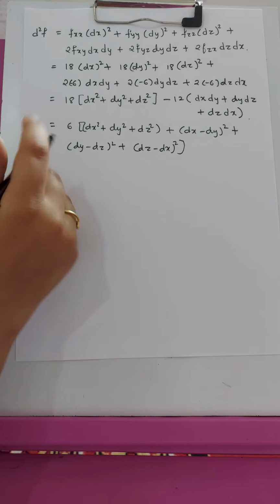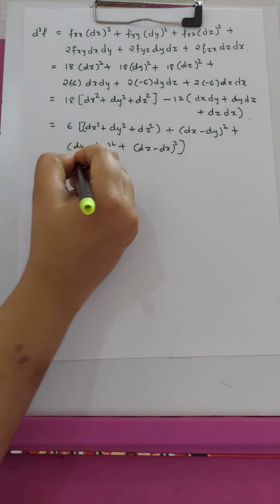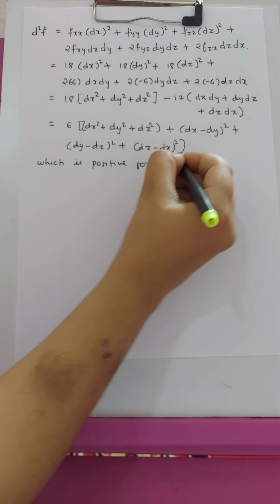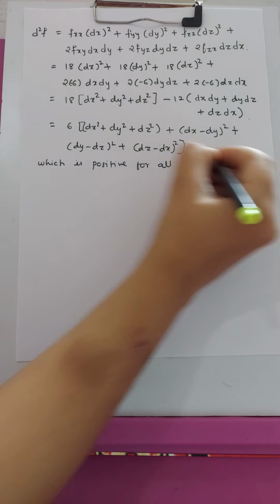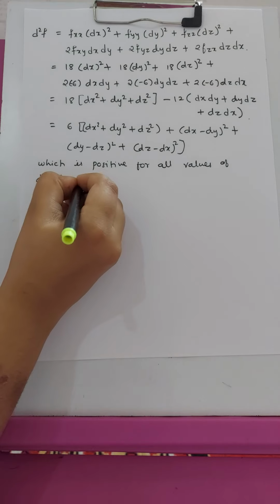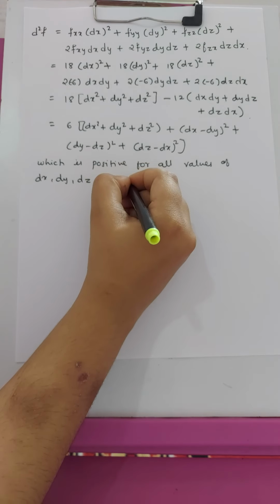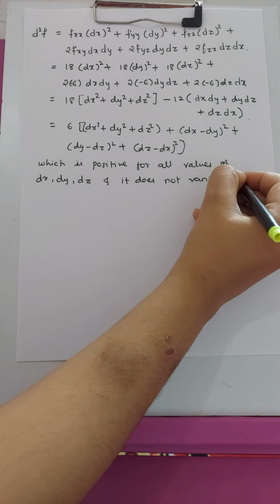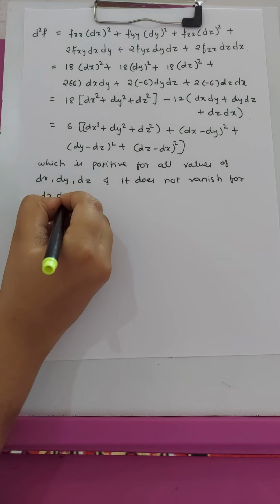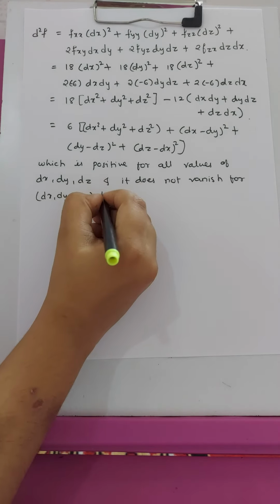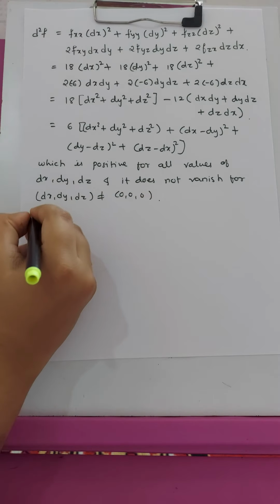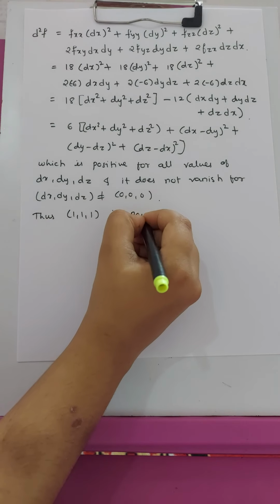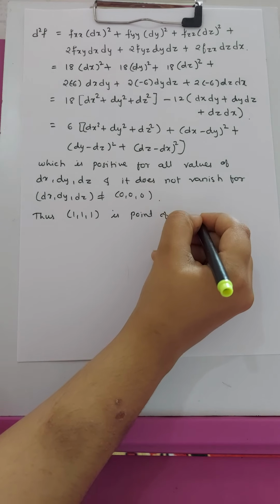So here all the terms are positive, so this is positive for all values of dx, dy, dz, and it does not vanish for (dx, dy, dz) not equal to (0, 0, 0). Thus this point (1, 1, 1) is a point of maxima of the function f.